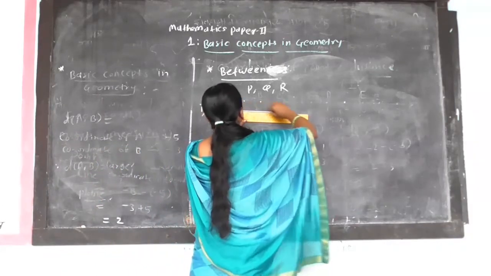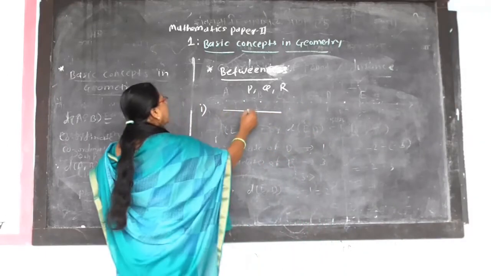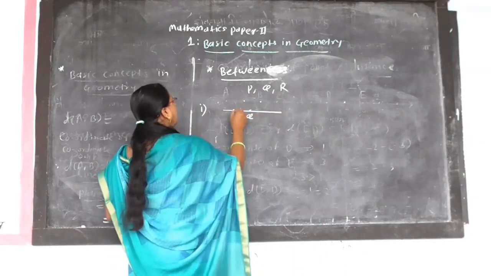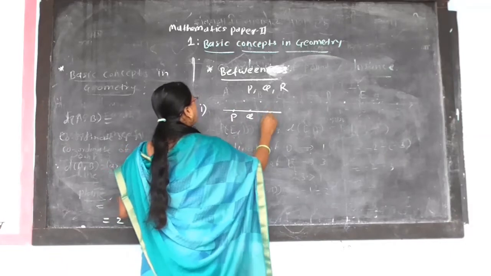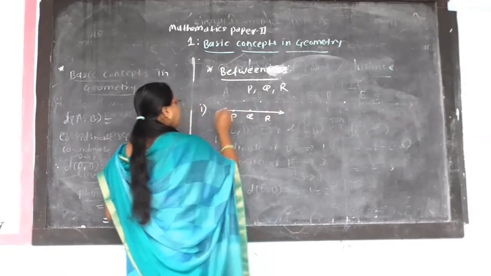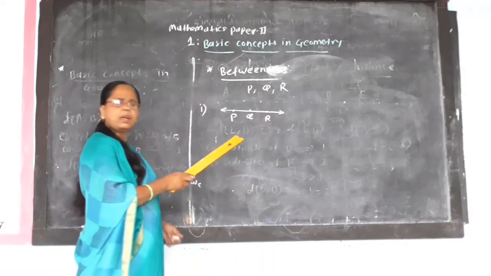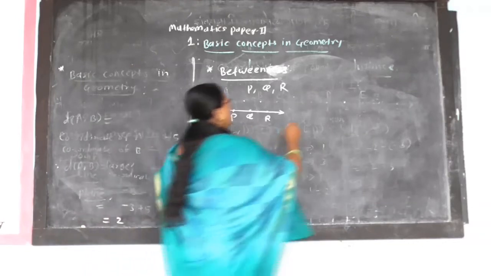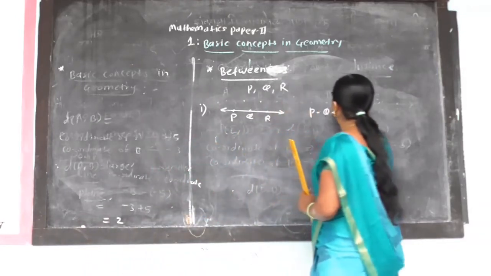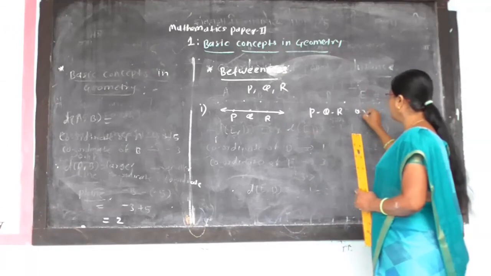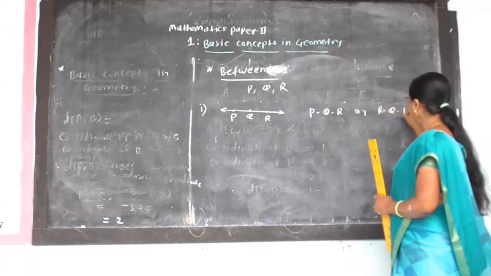The first possibility is that Q lies between P and R. This can be written as P-Q-R, or R-Q-P.